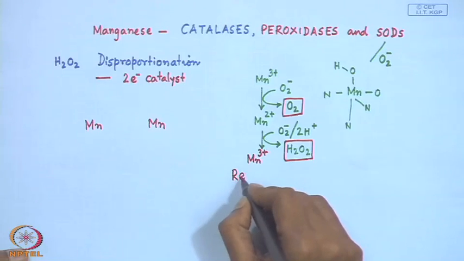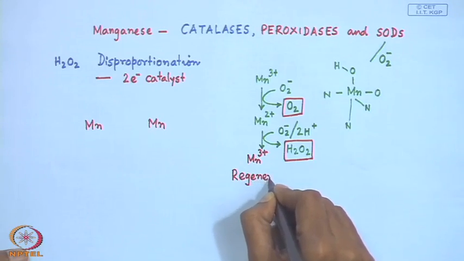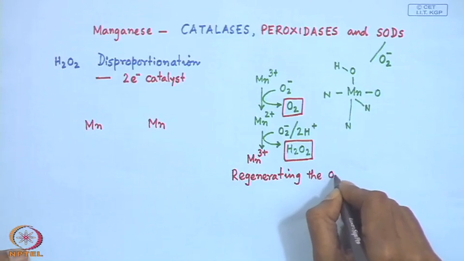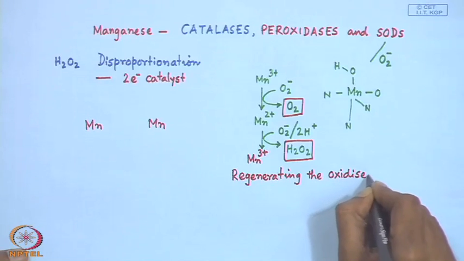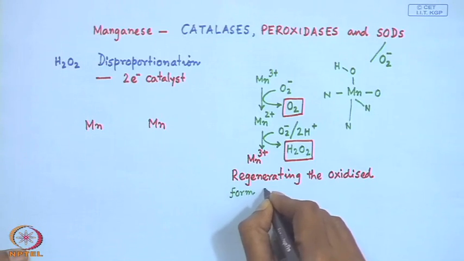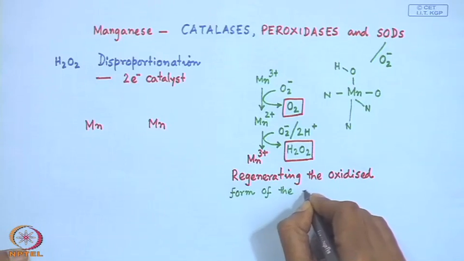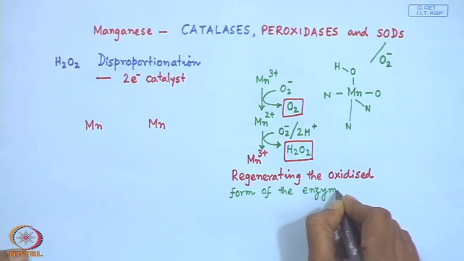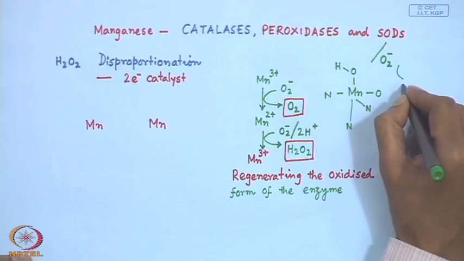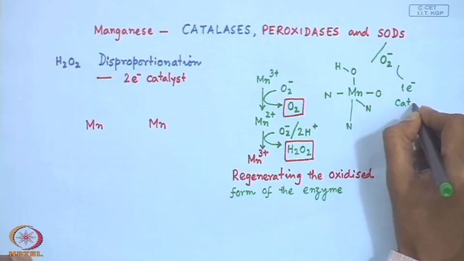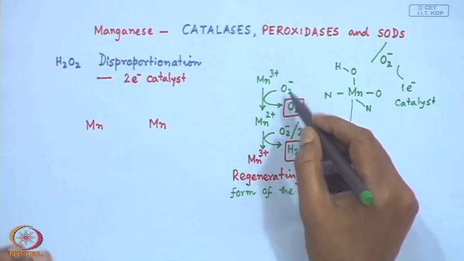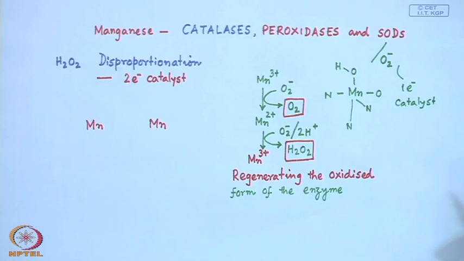So, considering the number of electron transfers, as a 1 electron catalyst in a stepwise manner, we can consume 2 molecules of superoxide anion to produce oxygen and hydrogen peroxide.